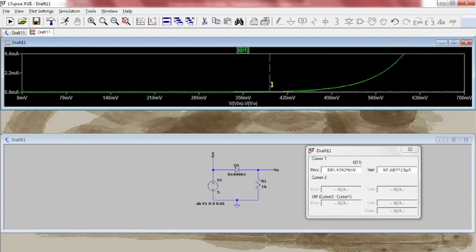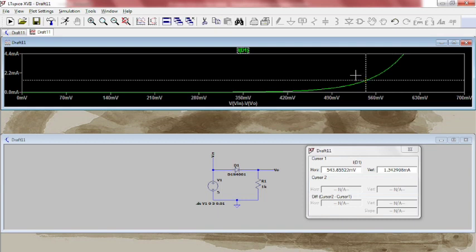Now the current is not 0, it is in the microampere range. It starts increasing and obtains its maximum value. This is the forward characteristics of a PN junction diode.